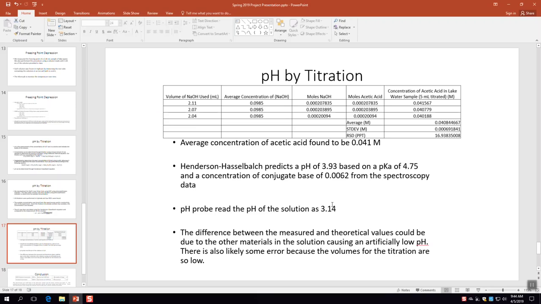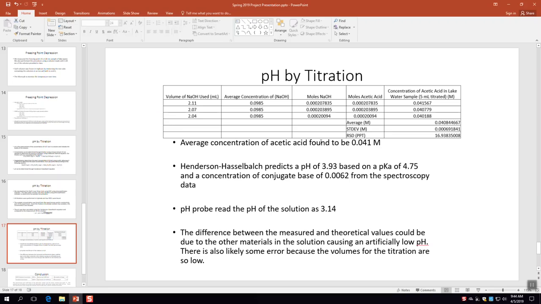There could also be some error in our titrations, but our RSDs were low, so they're certainly precise, and they are probably fairly accurate. So this is basically the pH by titration.